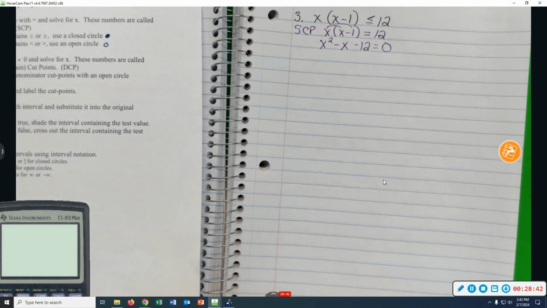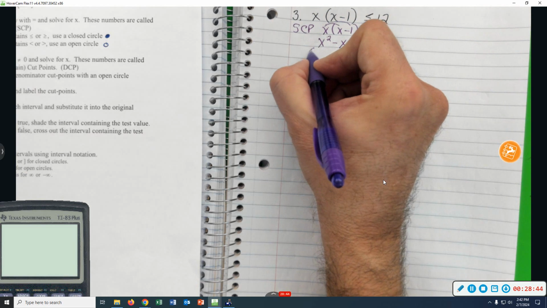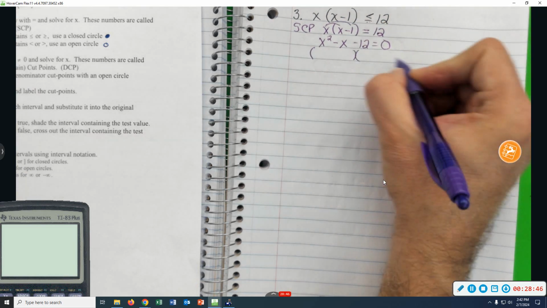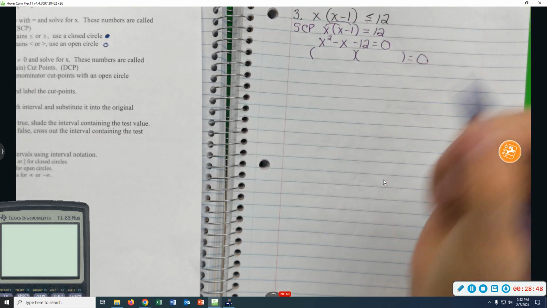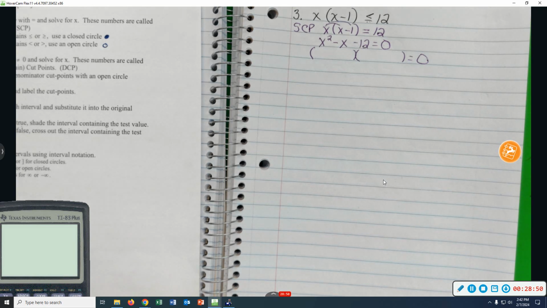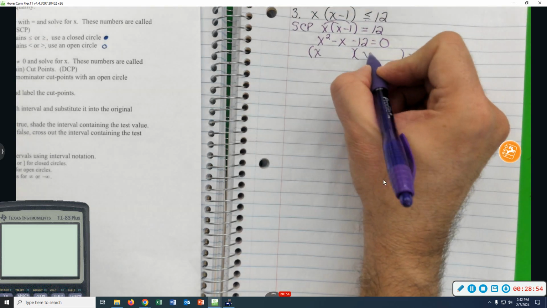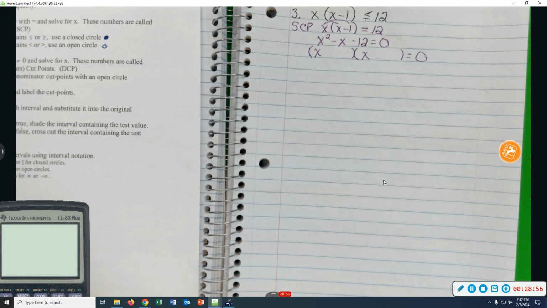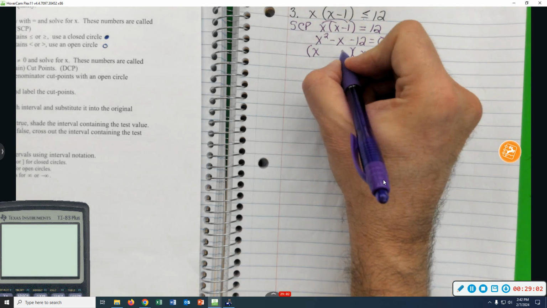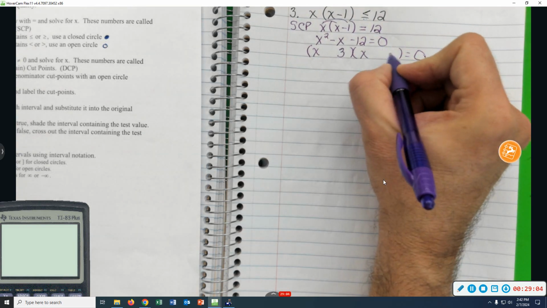Well, let's see. Draw your two sets of parentheses. How's this going to factor? Oh, x and x. 1 times 12, 2 times 6, or 3 times 4? 3 times 4. I should have asked this already, but I forgot.